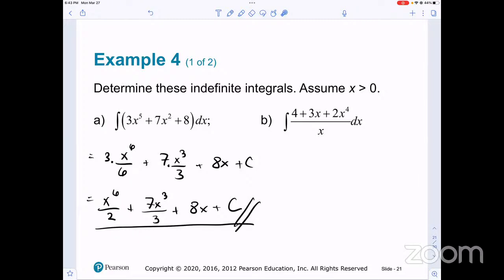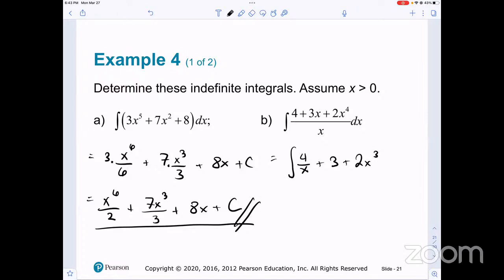Okay, let's see, what do we have? For this one, I'm tempted to distribute since we're dividing by a monomial. In other words, since we're dividing by one term, we can distribute this term into each term in the numerator, right? So we can rewrite this as 4 over x plus 3 plus 2x cubed, dx.